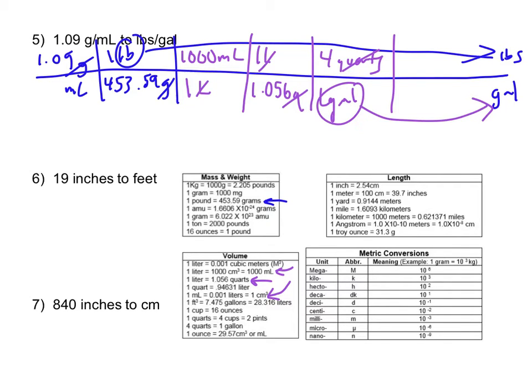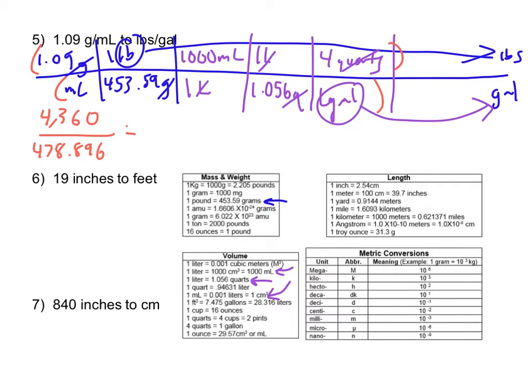I multiply everything on the top together, and I get 4,360. On the bottom, when I multiply everything together, I get 478.896.